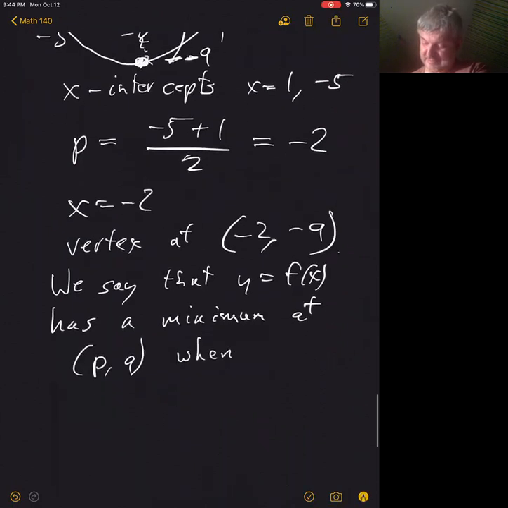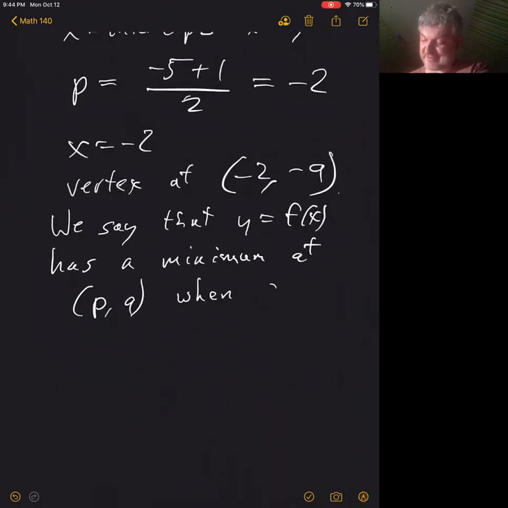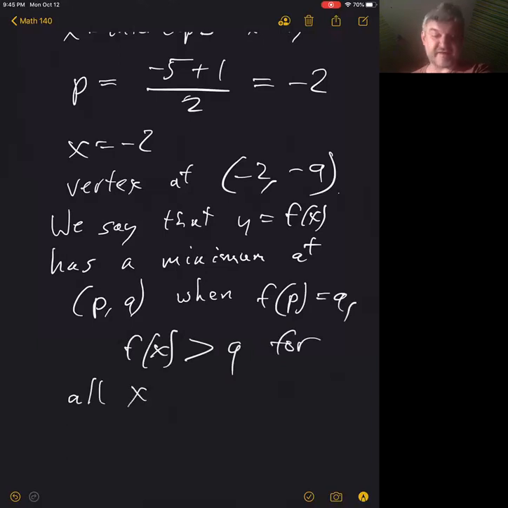When f of p is q, and f of x is greater than q for all x that are not p in the domain. So it's got to be legal input values. But the function is bigger everywhere else.